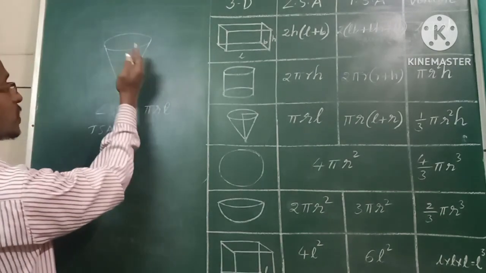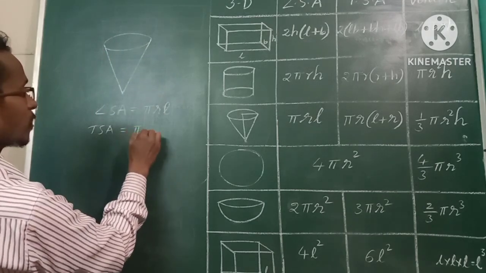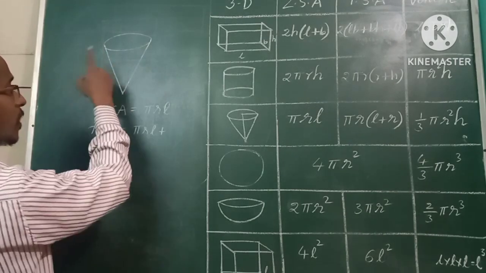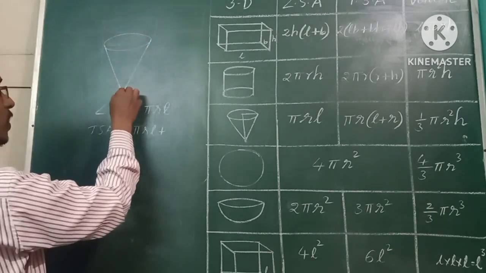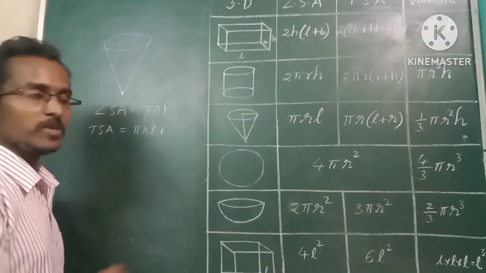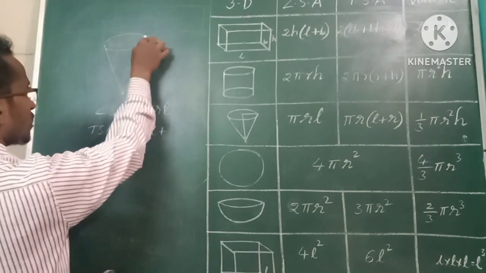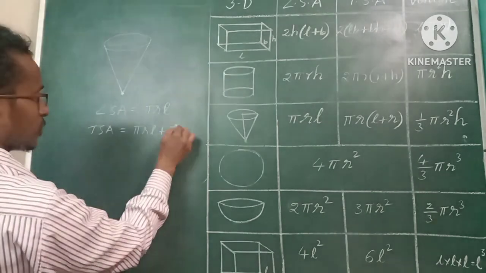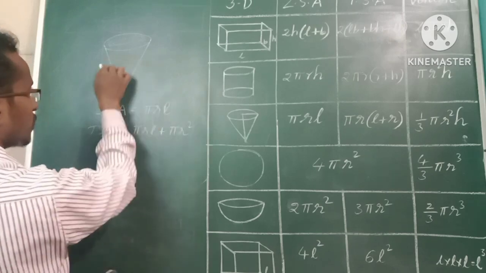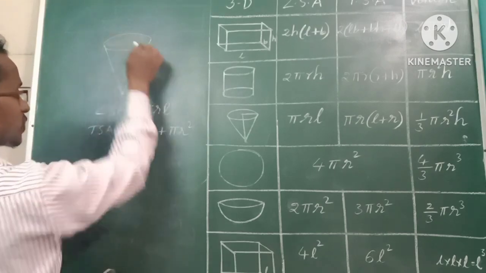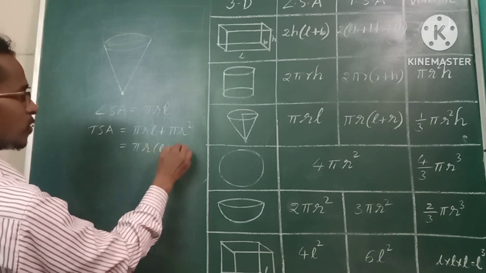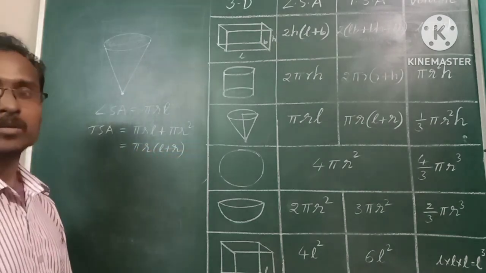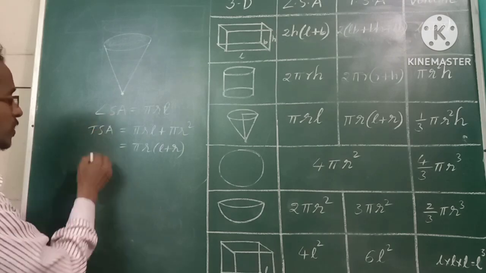The LSA is pi r l, the curved surface area, plus the base area. It has only one vertex, no surface there, and one surface at the base, so add pi r square. Pi r l plus pi r square. Pi r is common: pi r into (l plus r). This is the LSA and TSA.